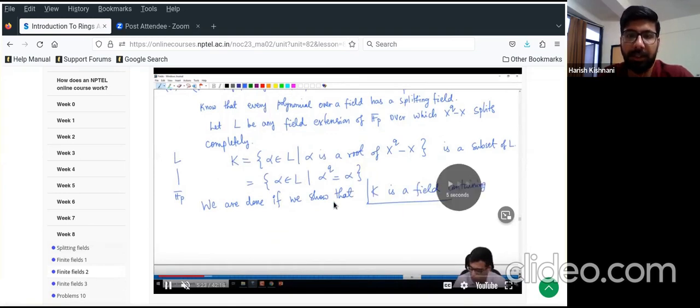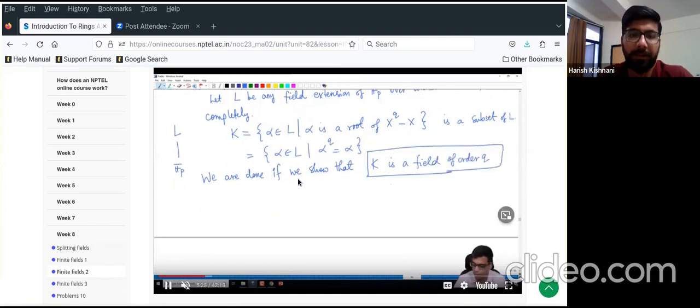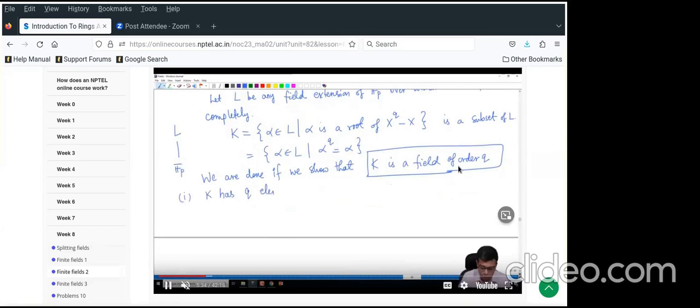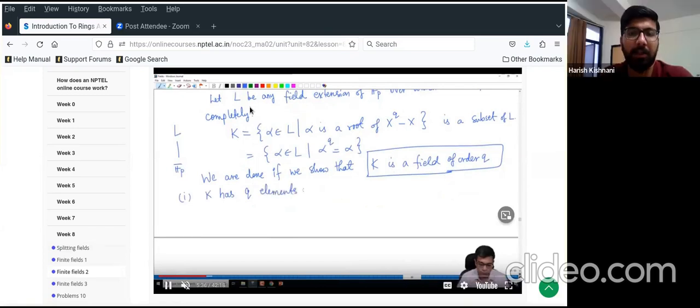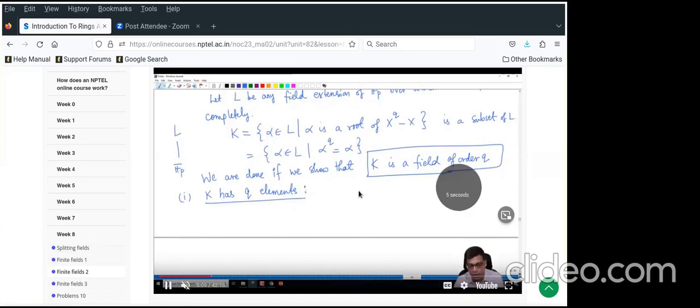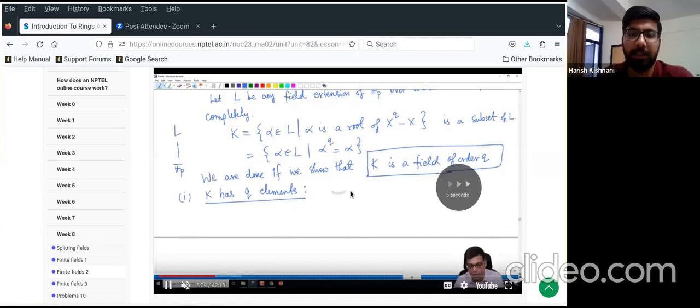Then he is saying we are done if we show that K is a field of order Q. It's all about existence. So he is claiming that this field K will be a field of order Q.